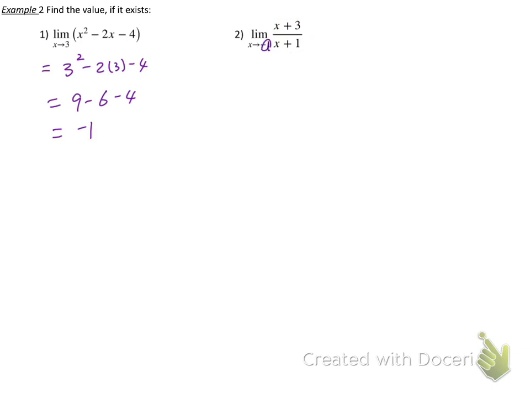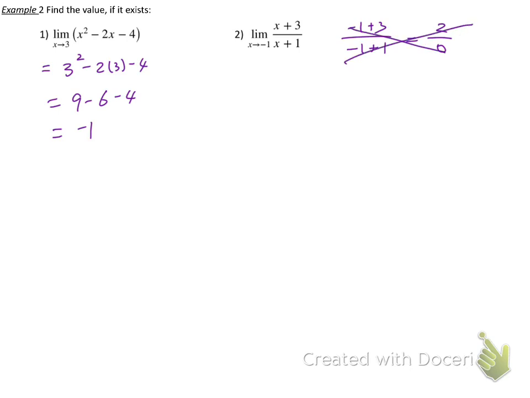So the a here is not in the domain, which means we can't just say the limit is the function evaluated at that number. If you plug it in, it will be negative 1 plus 3 over negative 1 plus 1. Remember, negative 1 is not in the domain, so it won't work out. You will have 2 over 0, which in general we can simply say does not exist as a number, but we could have positive and negative infinity as limits, right? So you can't do that.